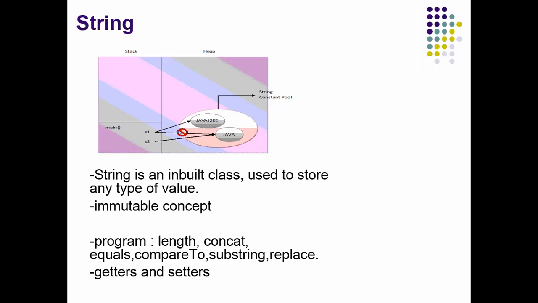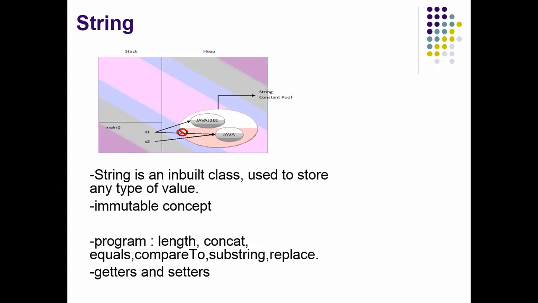We can add two strings, we can remove a particular string, we can check which character is available at a particular index, we can replace a particular string with a new string, or we can retrieve some part of a whole string. That is called substring. We can check the length of a string value.